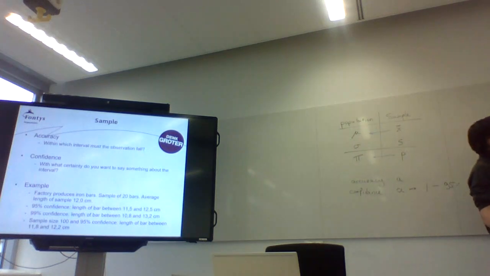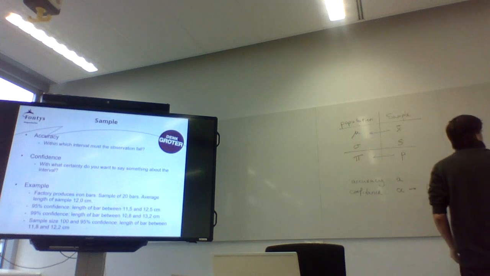I want to estimate my population average. My population average will be between my sample average minus my accuracy and my sample average plus my accuracy.